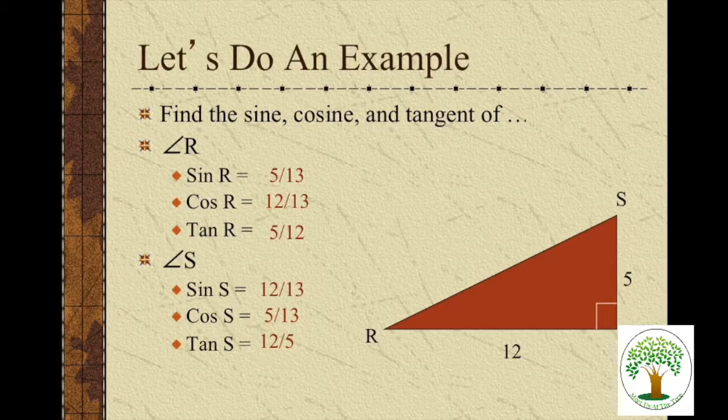I want you to notice that the sine of this one was the cosine of that one, but the cosine of this one is the sine of that one, so that's cool. What's the relationship between the tangents? It's the reciprocal. Very good.